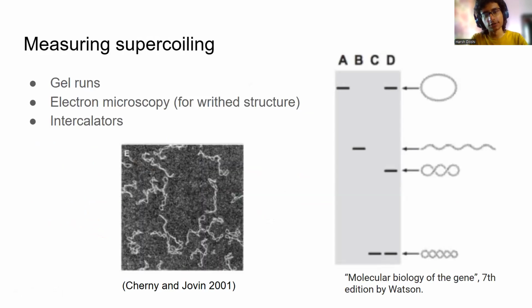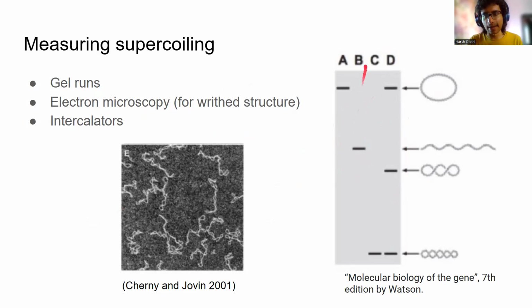Just a brief overview here of how people actually measure or observe supercoiling. One of the most standard techniques is to use gel electrophoresis, where people take an agarose or some kind of gel which has small pores in it. Once they place DNA on top of the gel, it can permeate through the holes present in the gel, and the size of the DNA determines its mobility.